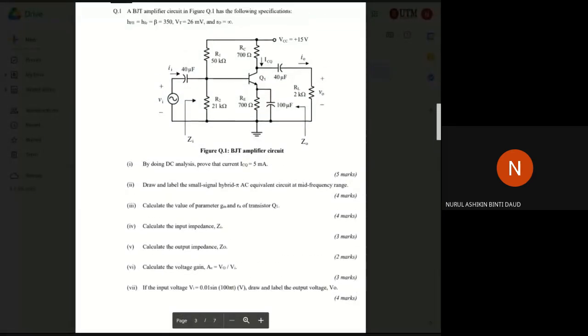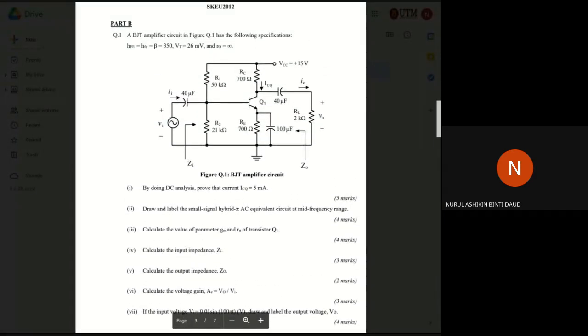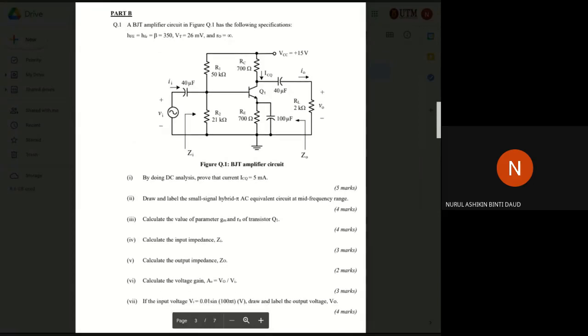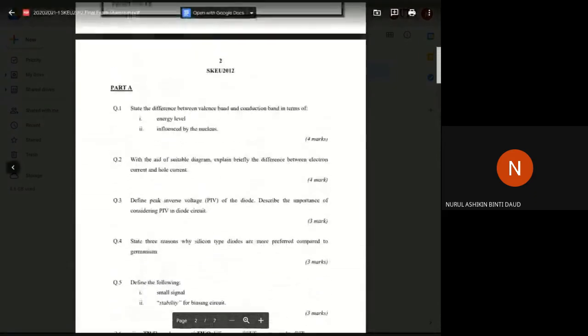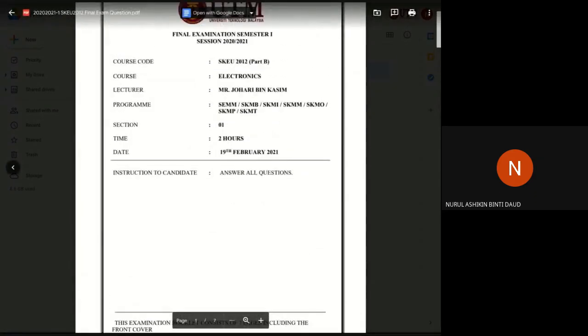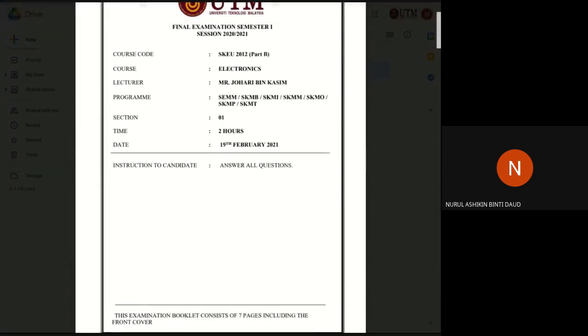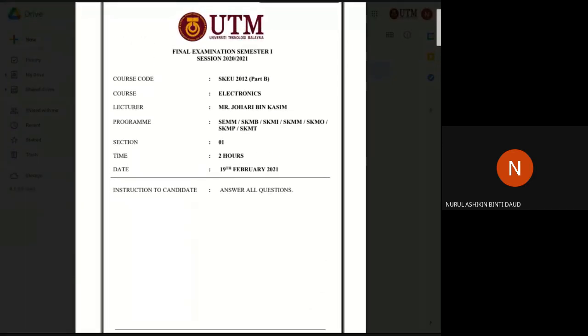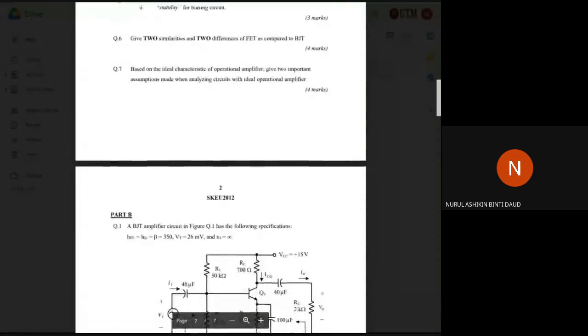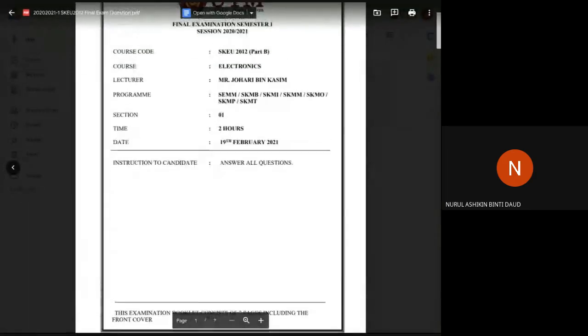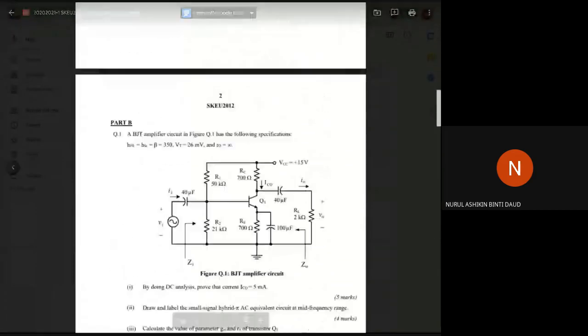Okay, these are examples of the final exam, I think from the previous year, 2020.